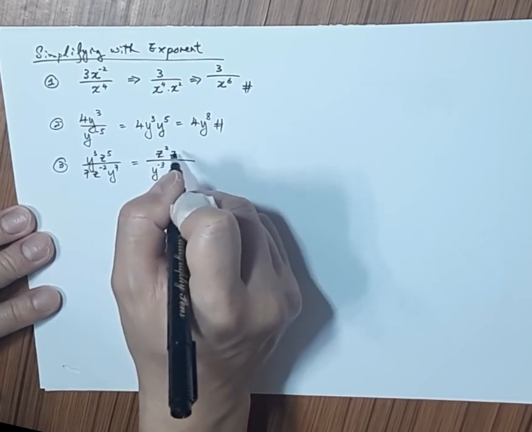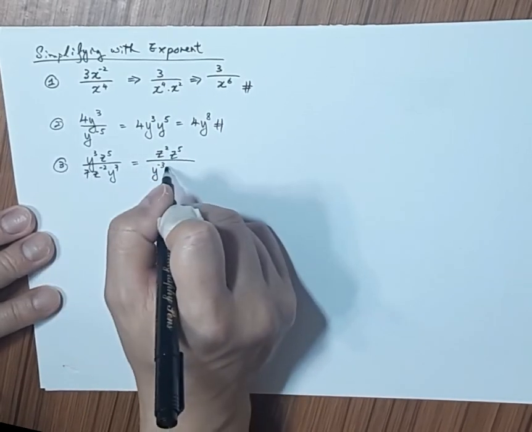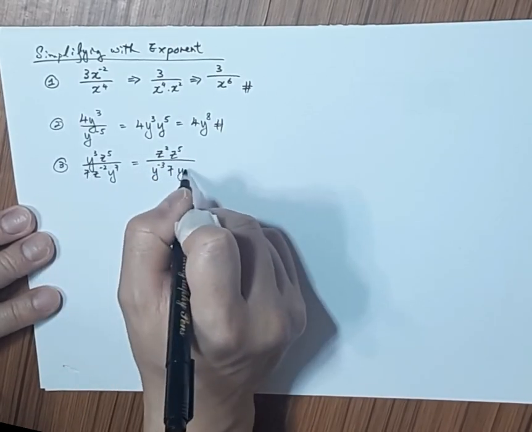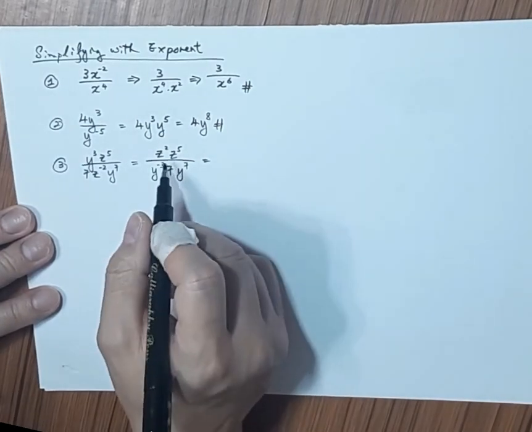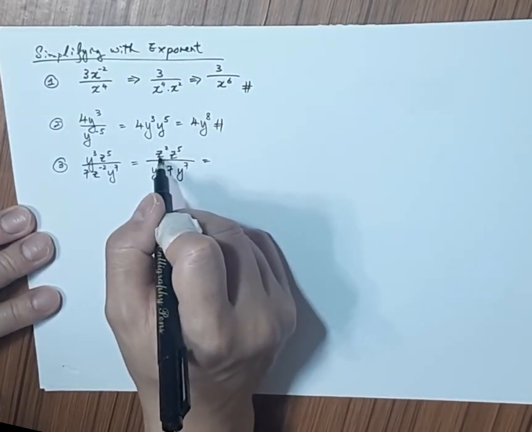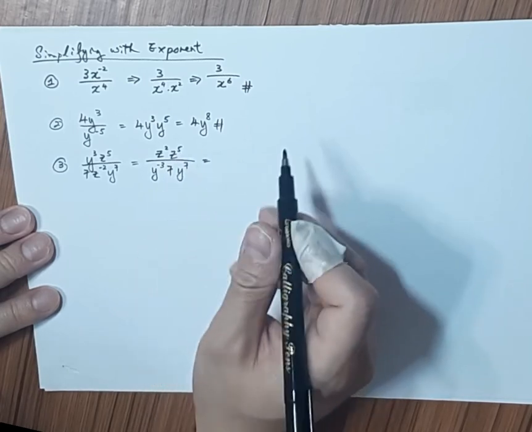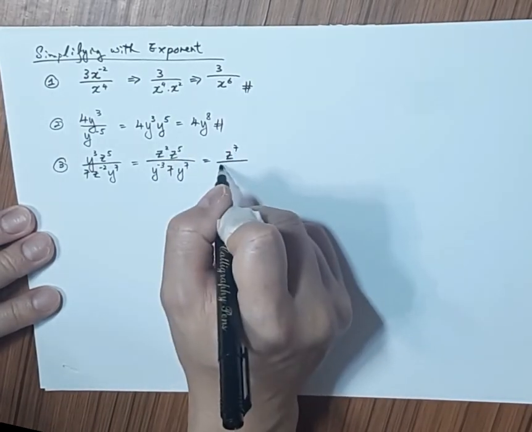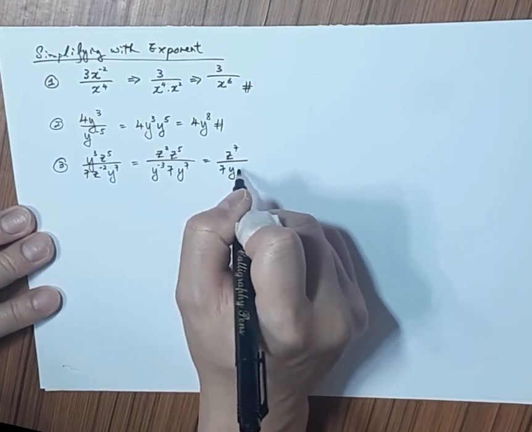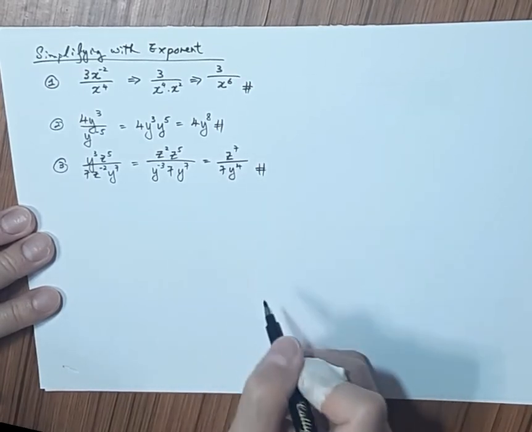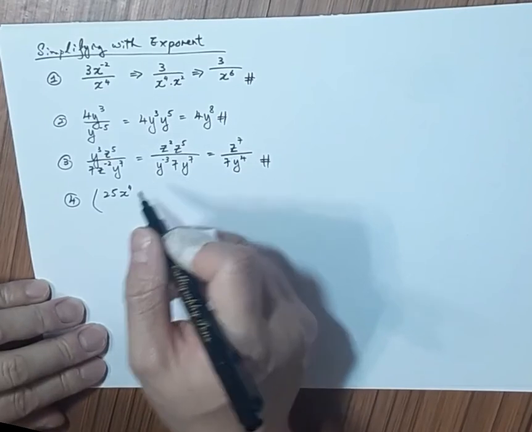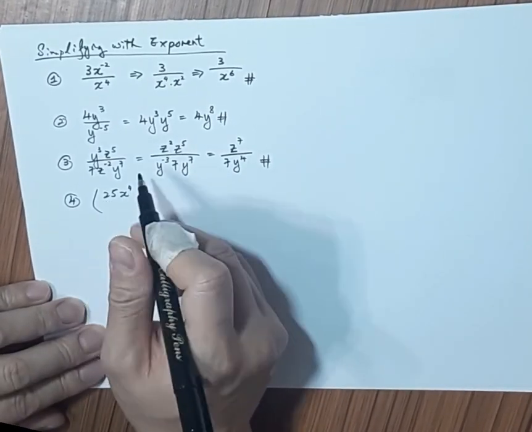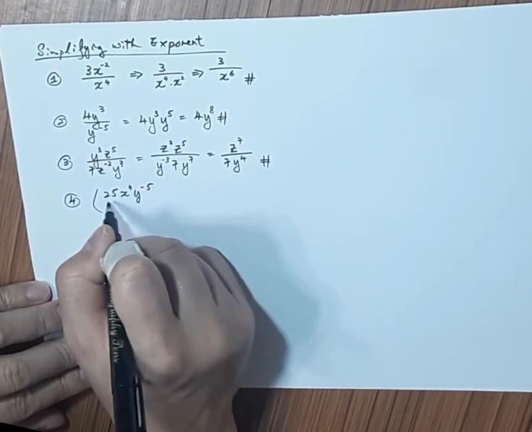The top one is z to the power of 5, and the bottom one is 7 y to the power of 7. With the product rule, we know that z to the power of 2 times z to the power of 5 is equal to z to the power of 7 over 7y to the power of 4. This is the answer.